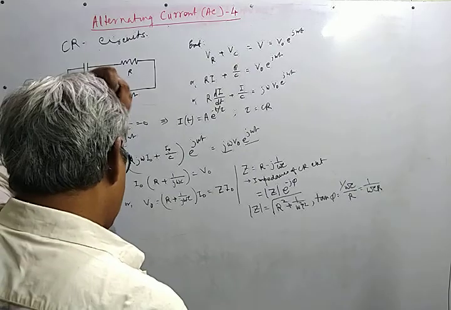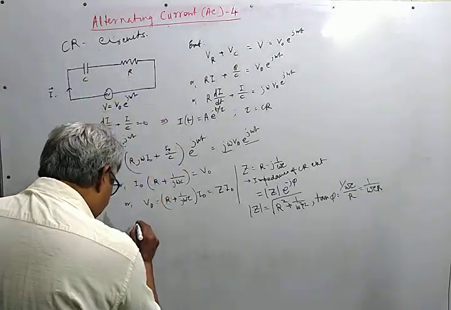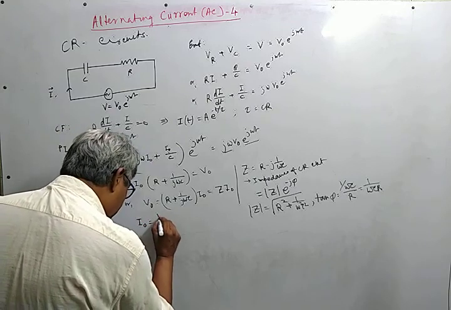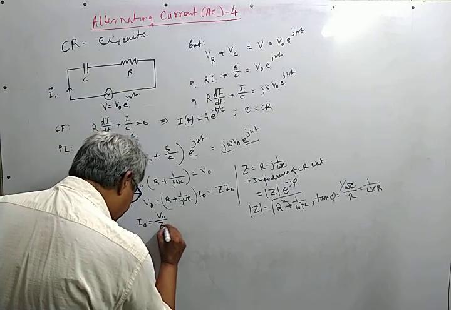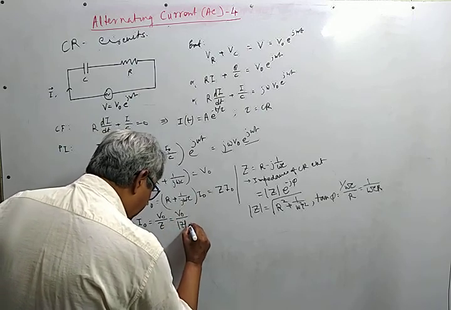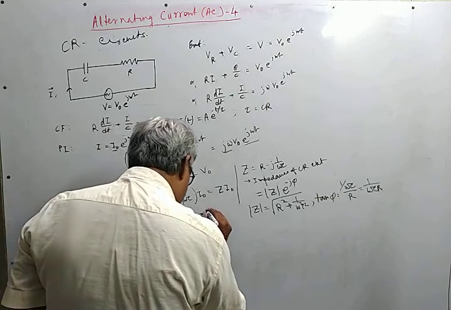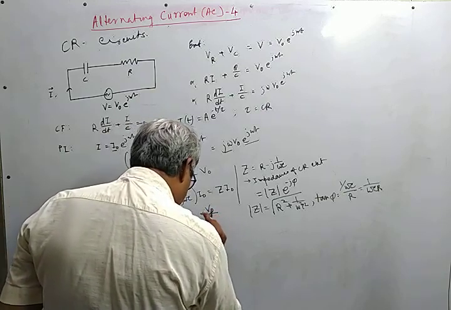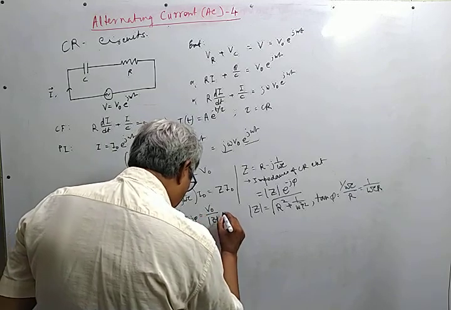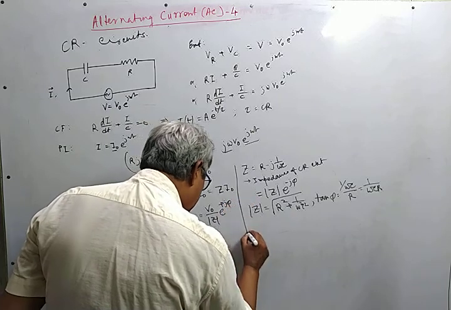Now if we write the expression for current, I0 is equal to V0 by Z. So this is V0 by mod Z times e to the power minus j phi, which is equal to V0 by mod Z e to the power plus j phi.